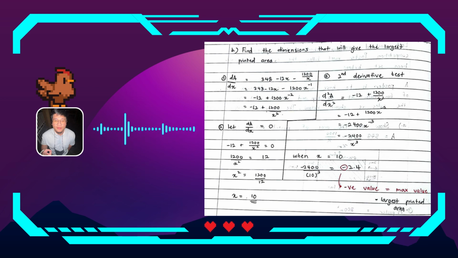So you just put the value of your product of differentiation and you differentiate again. Then you will get x equals to 10. And you just substitute the value of x into the product of your second derivative test. And you will get a negative value. Negative value, for your information, represents max value. And it answers the question for the largest printed area.